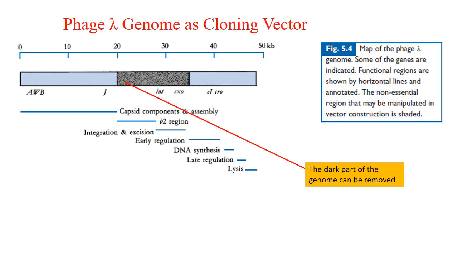There are genes present in the middle part of the genome of phage lambda which can be removed and which can be manipulated, and foreign DNA can be expressed in that part. The dark part here shows the region of phage lambda which can be excised and can be replaced with foreign DNA.